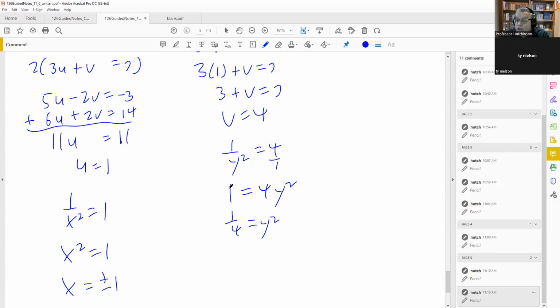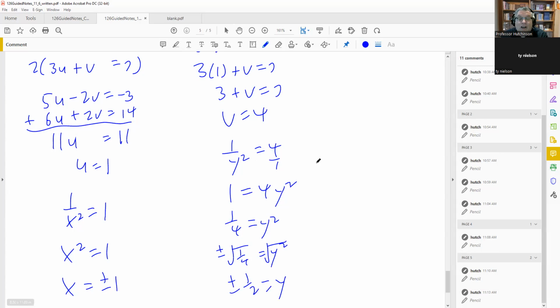And I have to take the square root of both sides. Square rooting both sides, you get plus or minus the square root of 1/4. You square root the top number and the bottom number. You get plus or minus 1/2 equals y.